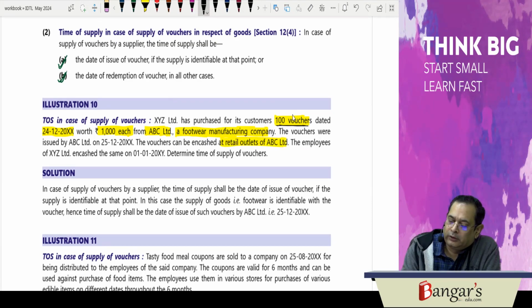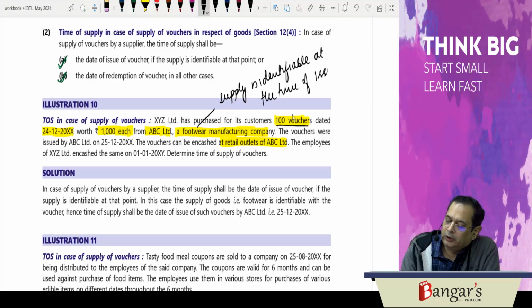So, by nature here, supply is identifiable at the time of issuance of voucher.